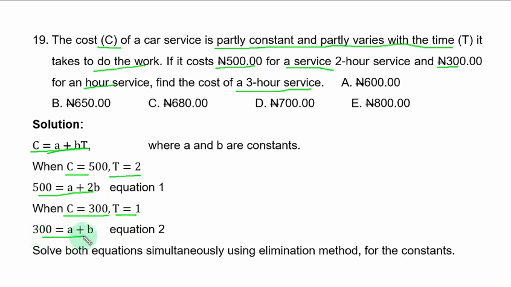So the constants A and B are needed before the cost can be obtained. You need to solve both equations simultaneously using elimination method for the constants.